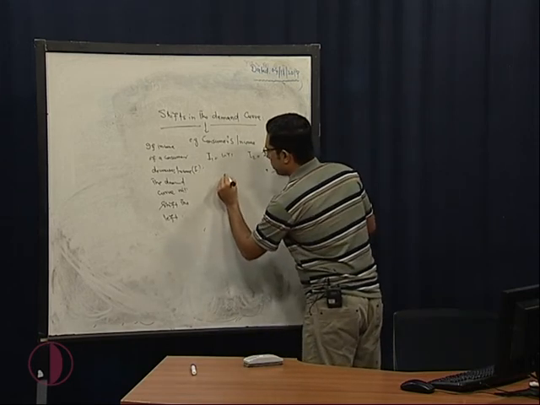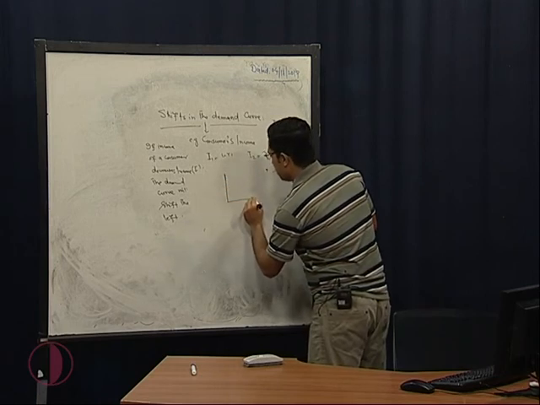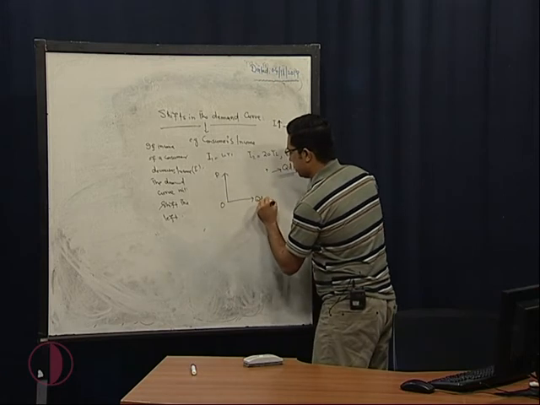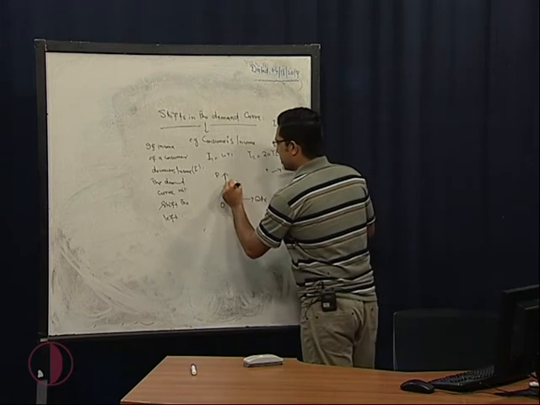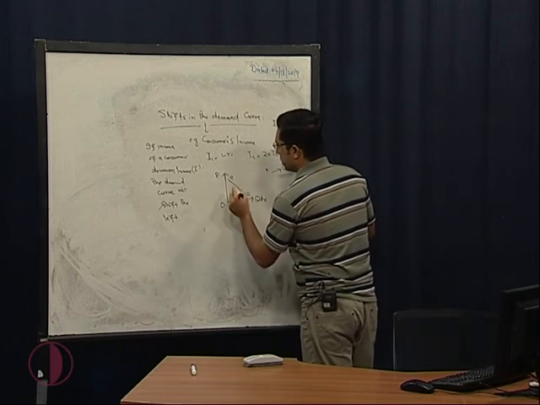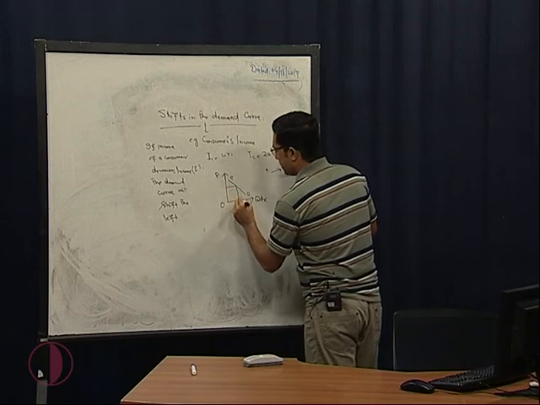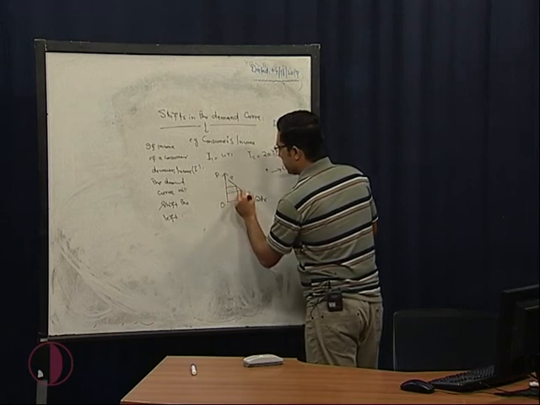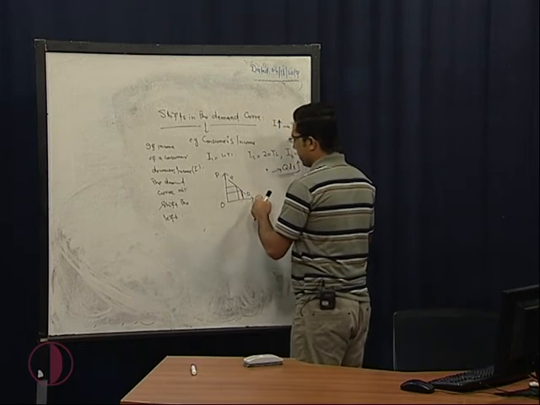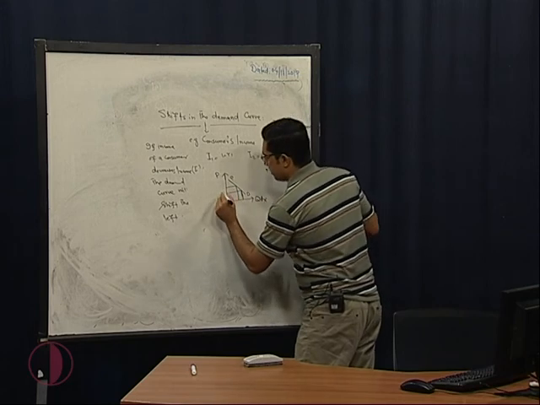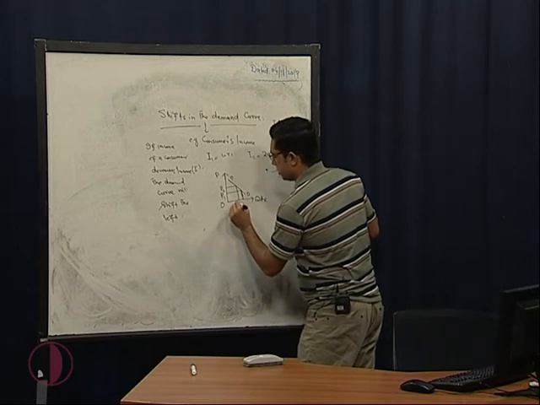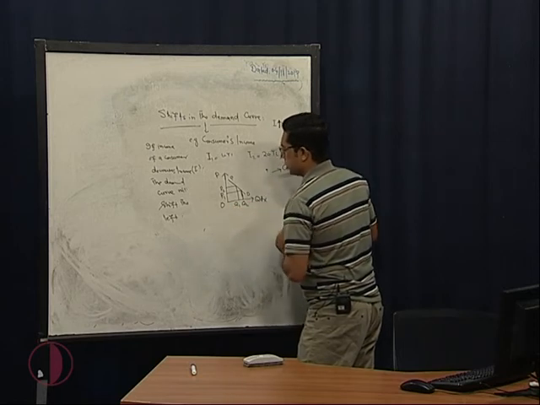For example, this is price, this is quantity demanded for commodity X, and this is the demand curve.